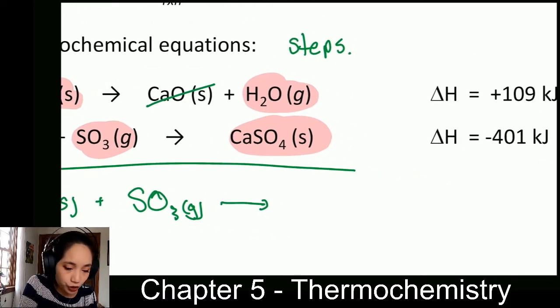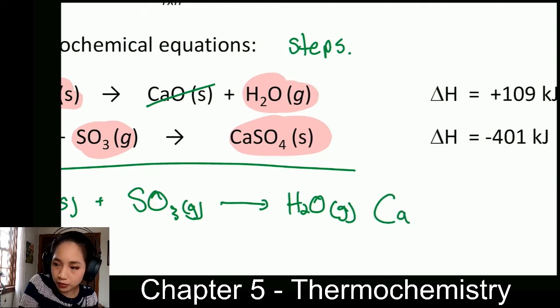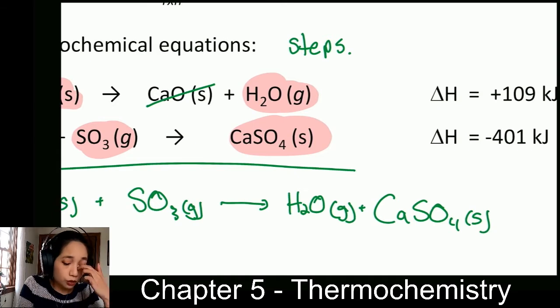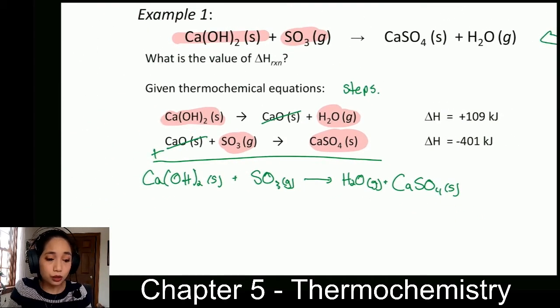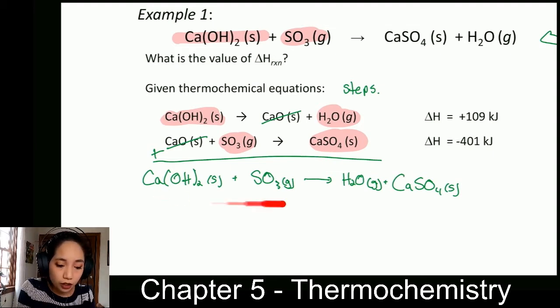And then we also have H2O gas and calcium sulfate solid. These two steps add up to our target overall equation. Since we added up each of these steps, we have to also add up the delta H values.